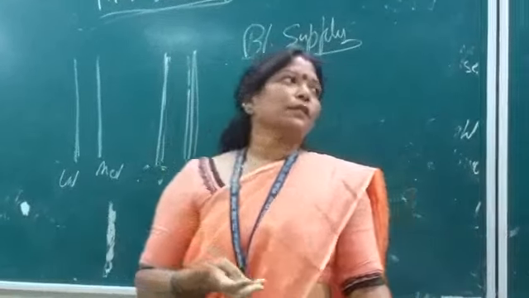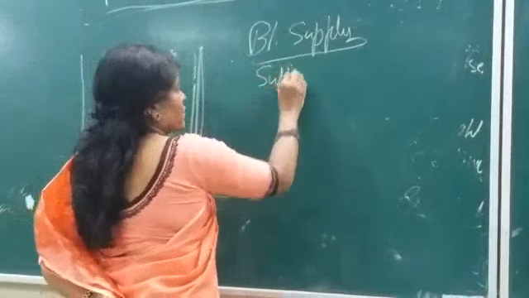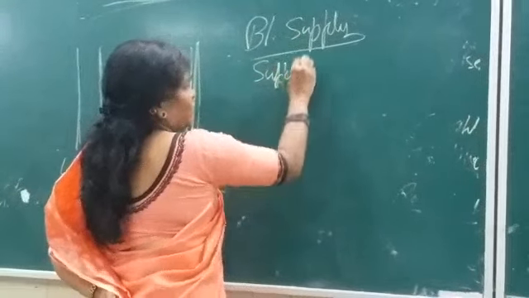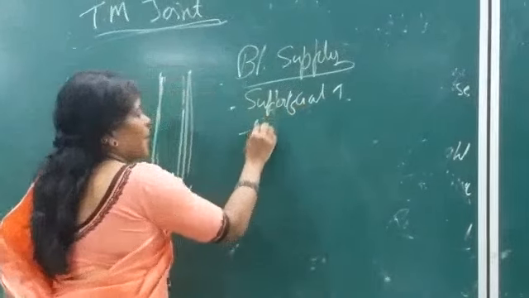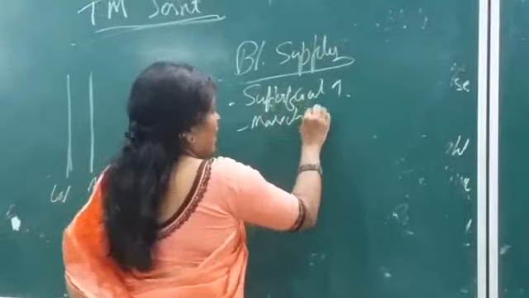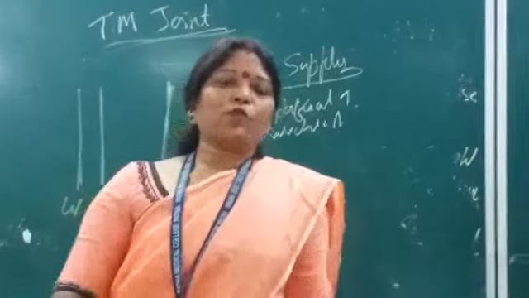So these two arteries, the superficial temporal plus the masseteric artery, will supply the TM joint.